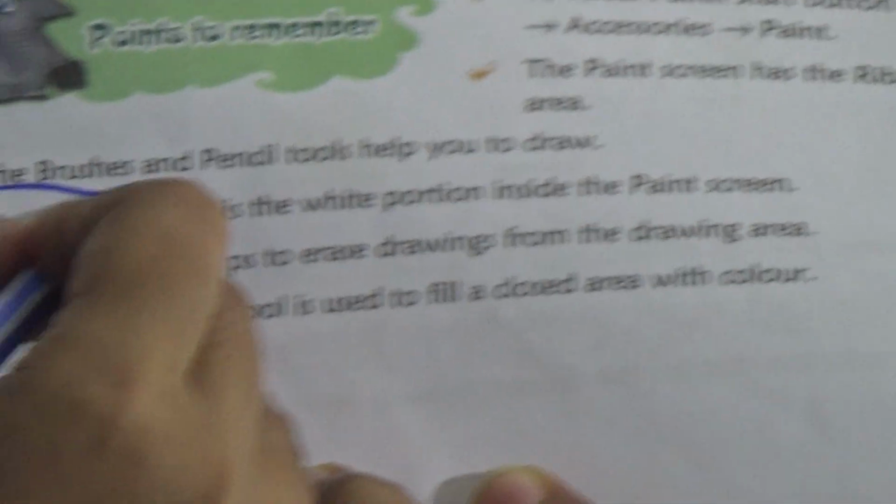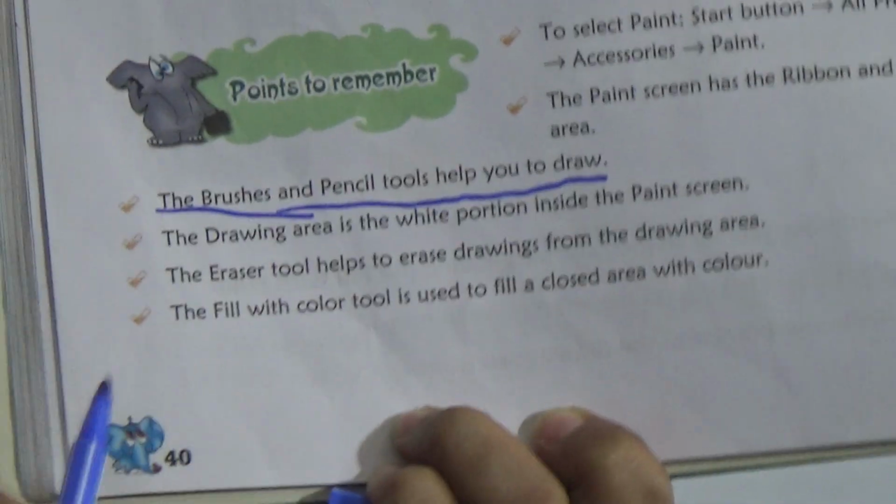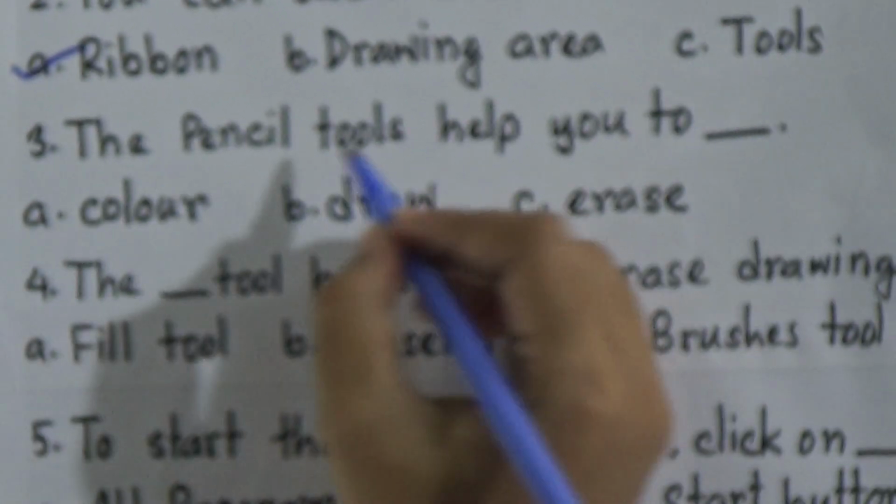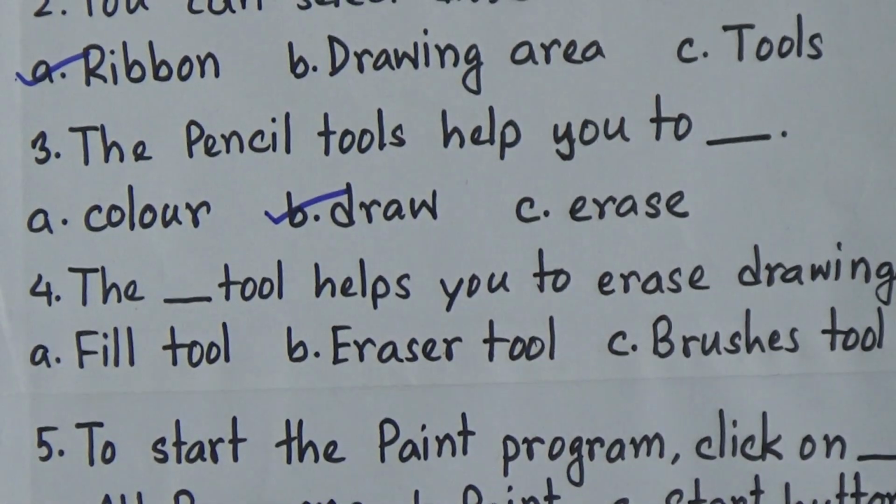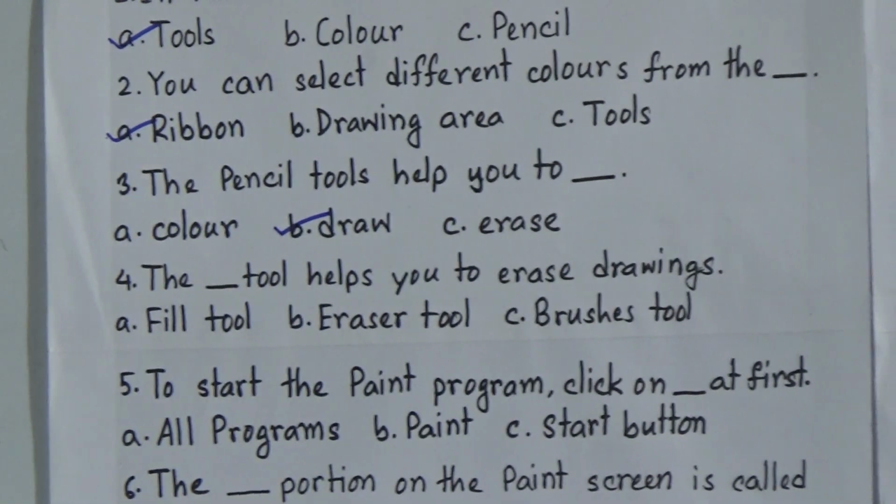It is written here, the brushes tool and pencil tool help you to draw. So our answer will be option B, draw. So the pencil tool helps you to draw.